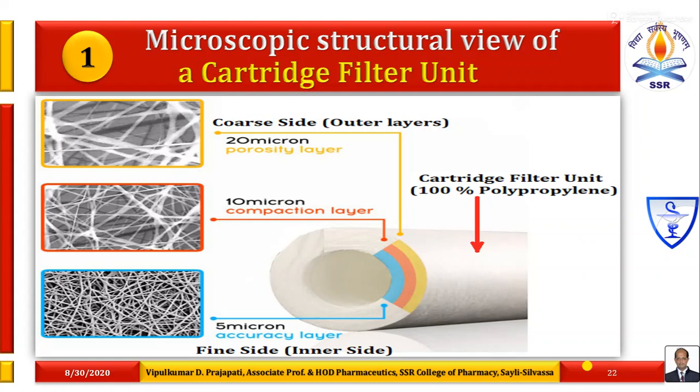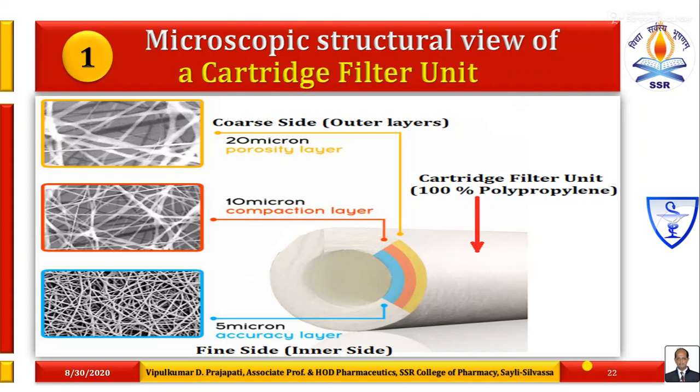This is the depth cartridge, which shows from the center side a 5 micron fine layer of polypropylene, indicated in blue, and then the next few layers of 10 micron pore size, the next polypropylene layer, and then the coarse side, that is 20 micron pore size layers, are deposited.